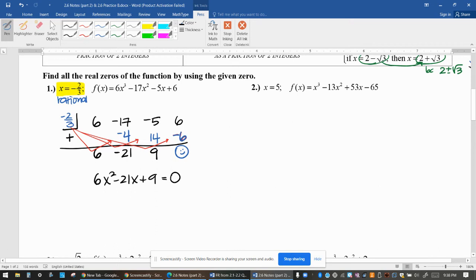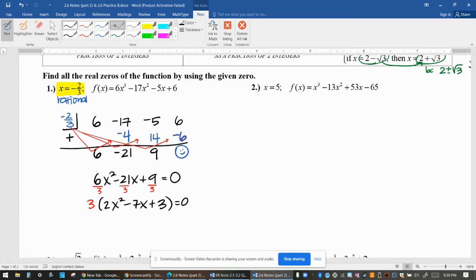I can see right away that these are all divisible by 3. So I'm going to go ahead and just factor out the 3. That would leave me with 2x squared minus 7x plus 3.